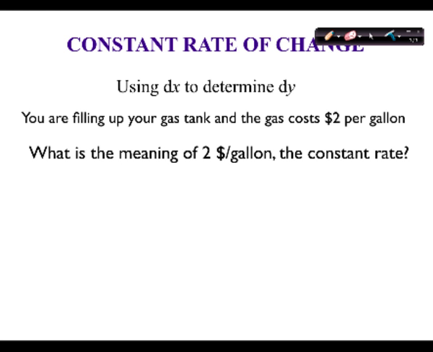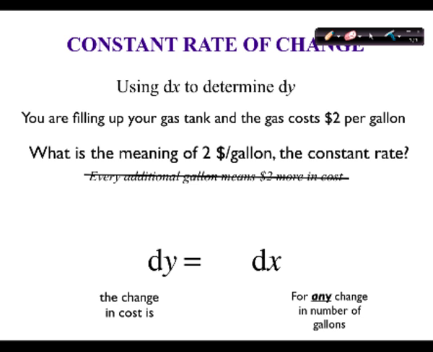You said the cost will be 2 times that additional amount of gas. Your variation in cost will be 2 times whatever variation in gallons you did. Any change in number of gallons, the change in cost is 2 times that number of gallons.